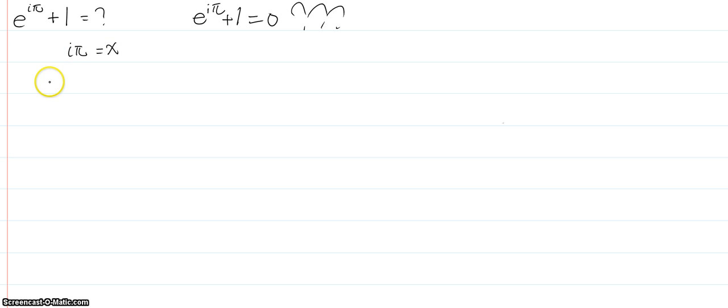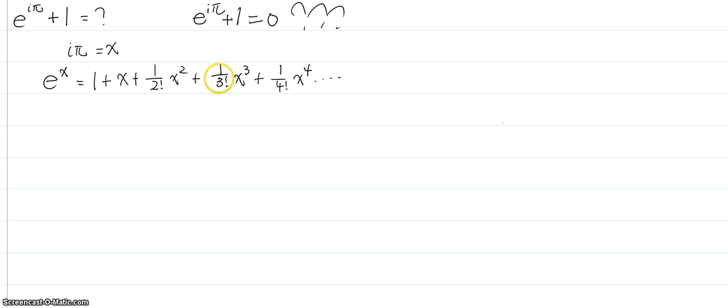Since e to the x equals 1 plus x plus 1 over 2 factorial x squared plus 1 over 3 factorial x to the third plus 1 over 4 factorial x to the fourth, and this keeps going, I'm going to substitute i pi as x into this whole equation.